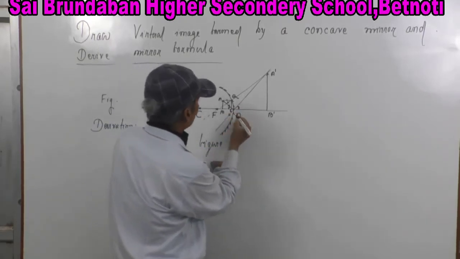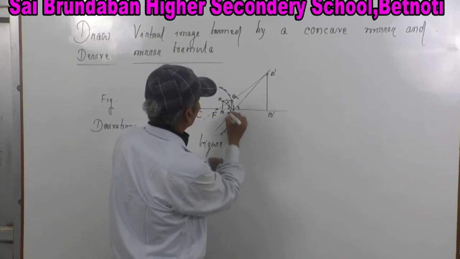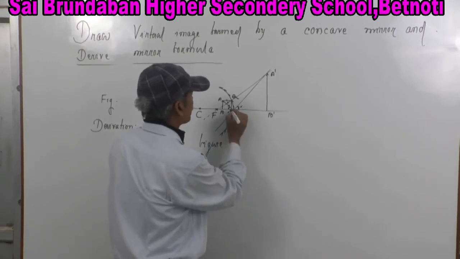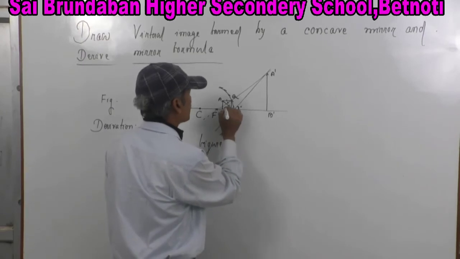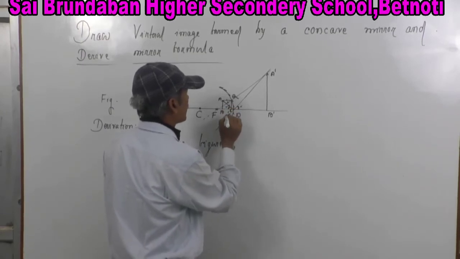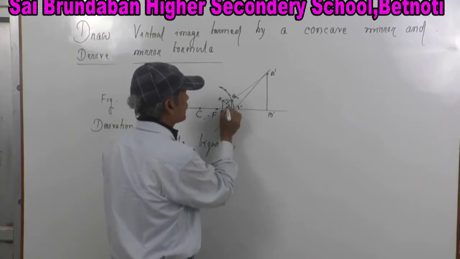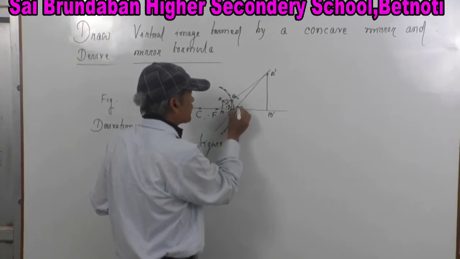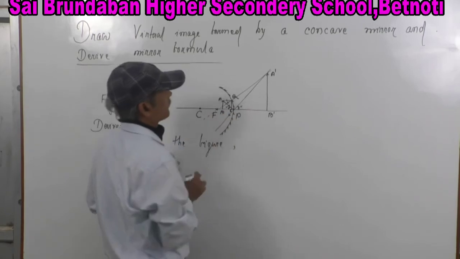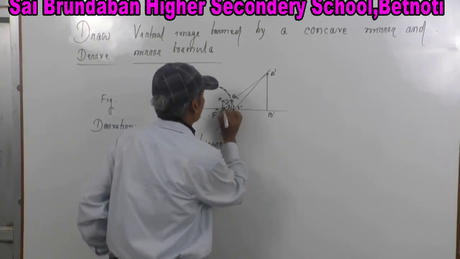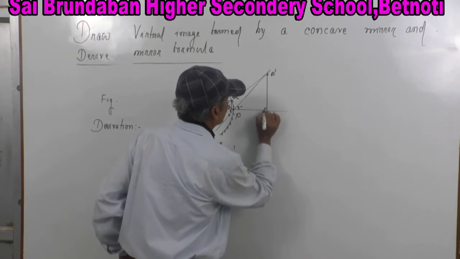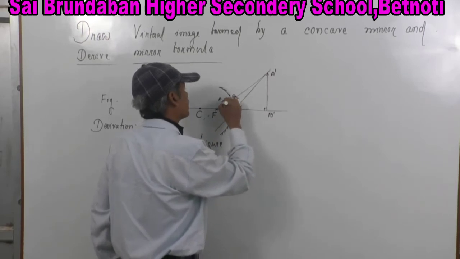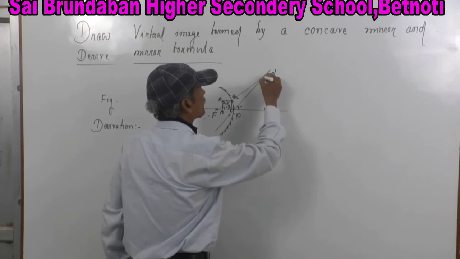According to the laws of reflection, this is I and this is R, so no doubt this is equal to this. This angle is equal to this angle, and this is 90 degrees. This is also 90 degrees.